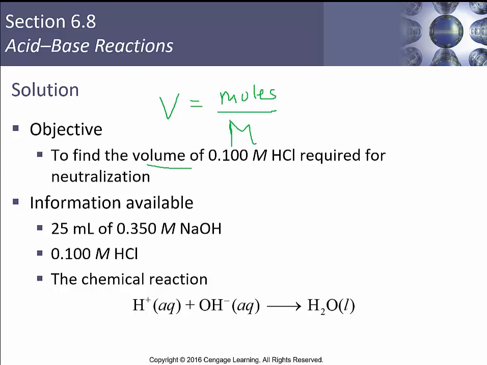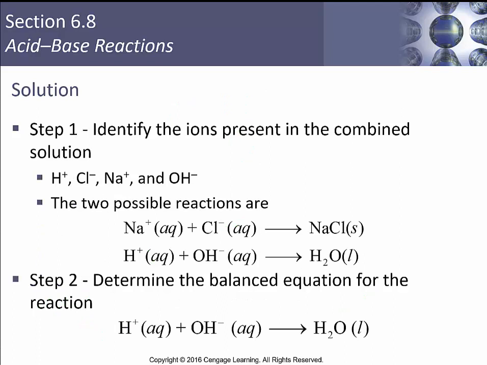We're going to write out our balanced chemical equation. Real easy with the strong acid and strong base if we're looking at our net ionic equation. Our net ionic equation for a strong acid, strong base reaction is just H+ and OH- gives us H2O. All right, so we're going to identify the ions that are present. We've got H+, we've got OH-, we've also got these guys as spectators. We're not going to care about those.